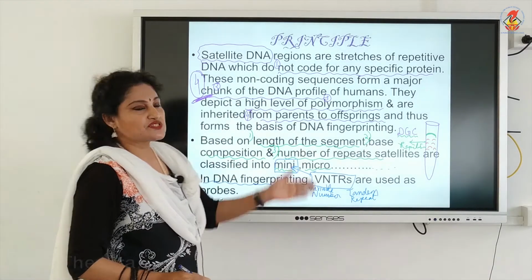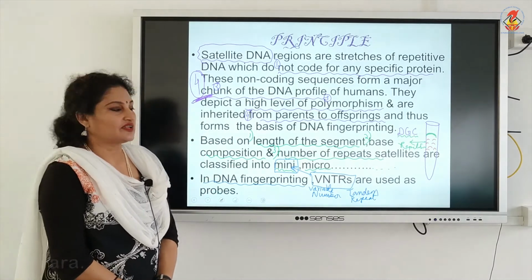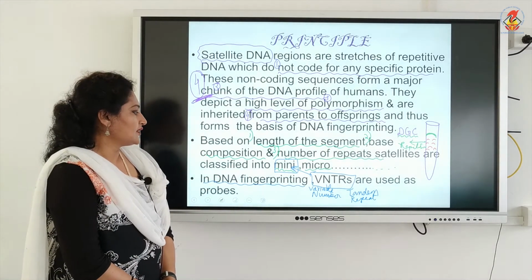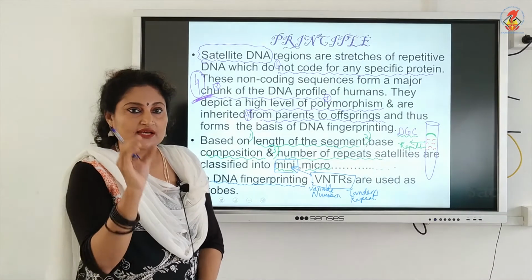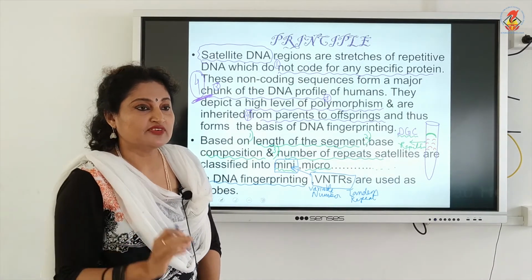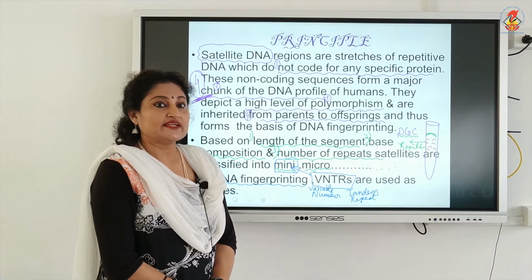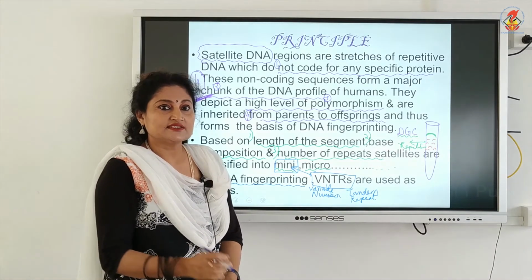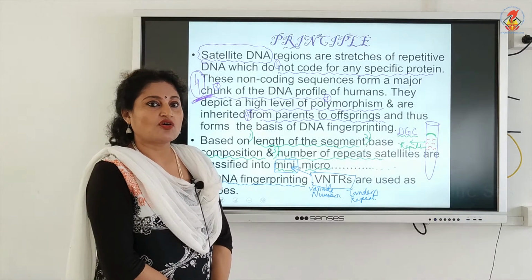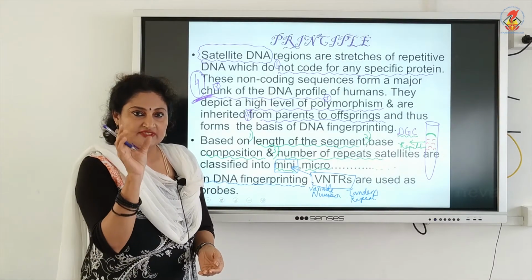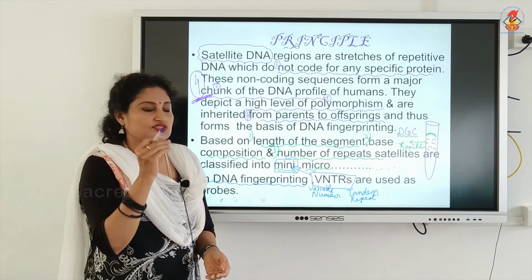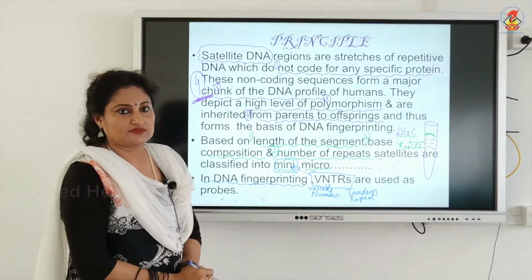So once again, the principle or the basis of DNA fingerprinting. The first and foremost point is that DNA fingerprinting involves finding the differences in certain specific regions of the DNA called repetitive DNA. In these repetitive DNA segments, there are small stretches of DNA that are repeated many times.